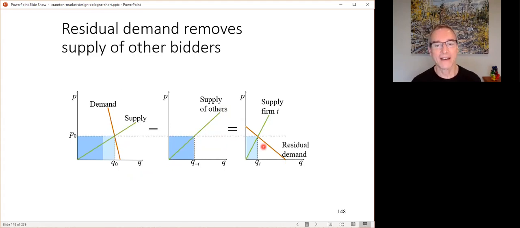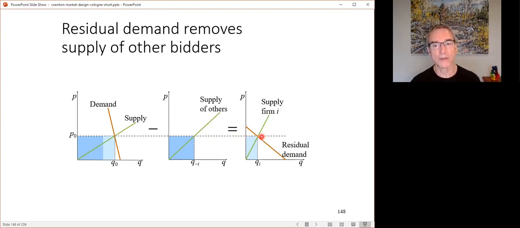And notice that when we do that, when we plot the supply of firm i and the residual demand curve, we still have the exact same clearing price. Doesn't change the clearing price at all. It's just a different way of looking at the problem.